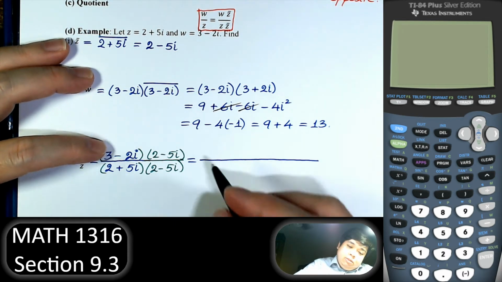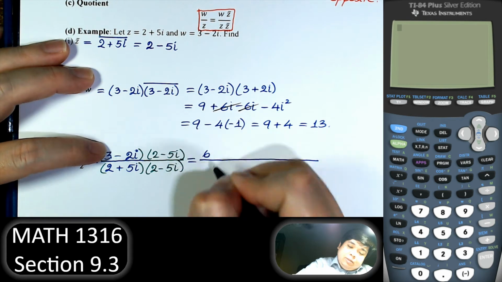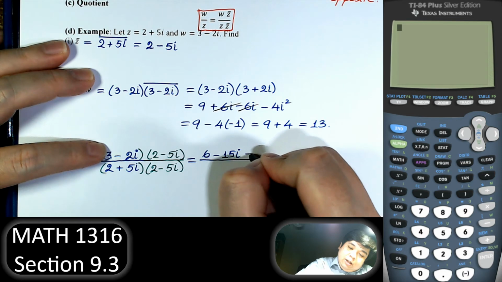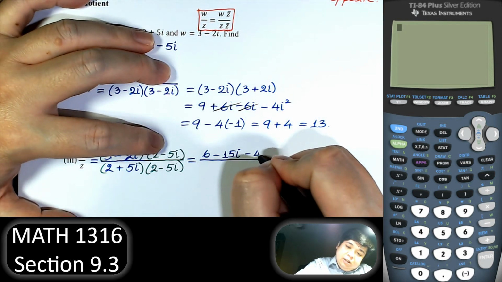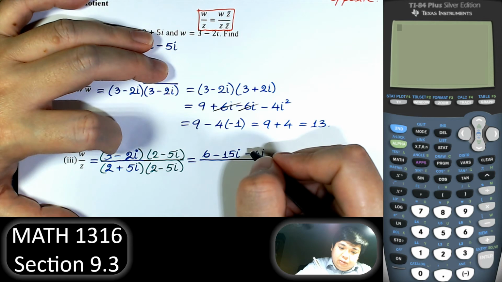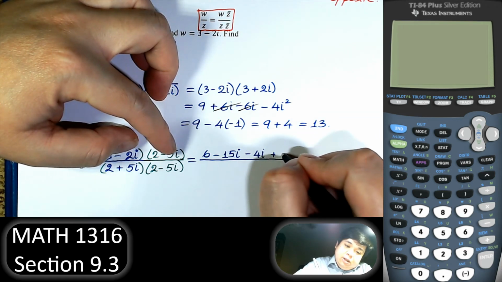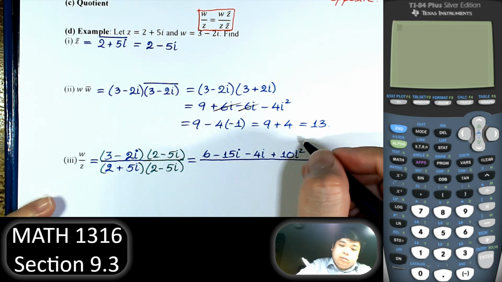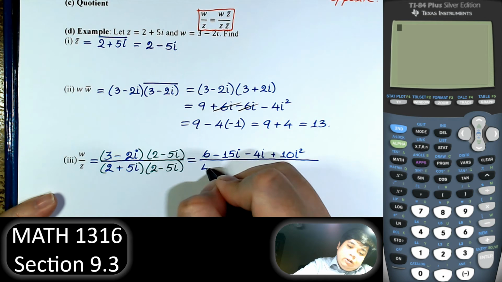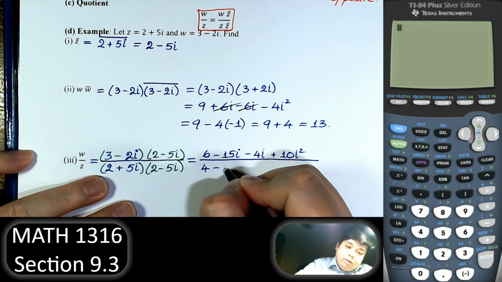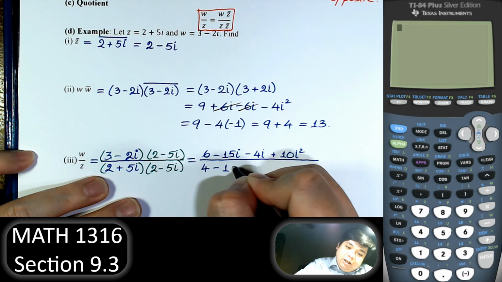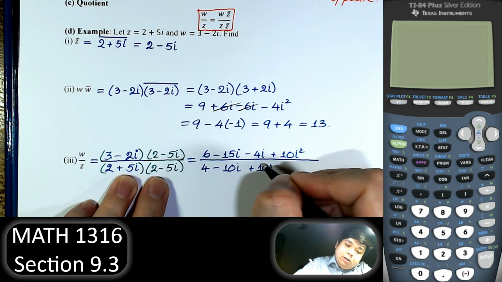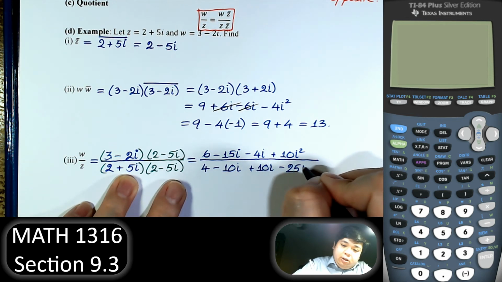Right, the top. 3 times 2, 6. Minus 15i. Minus 4i. Plus 10 i squared. 2 times 2 is 4. 2 minus 5i, minus 10i, plus 10i, minus 25 i squared.